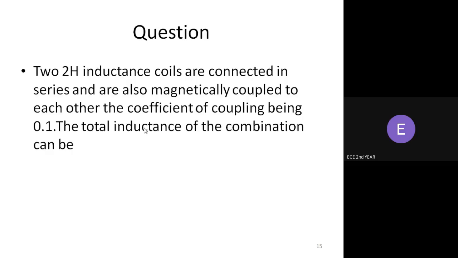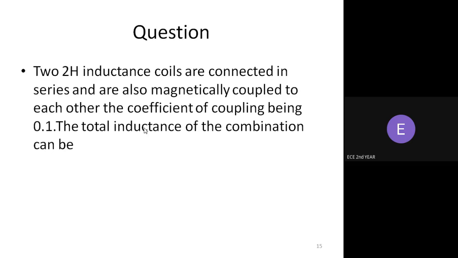Next, we'll move on to the next question. Two 2 Henry inductance coils are connected in series and are also magnetically coupled to each other, with the coefficient of coupling being 0.1. The total inductance of the combination can be found.